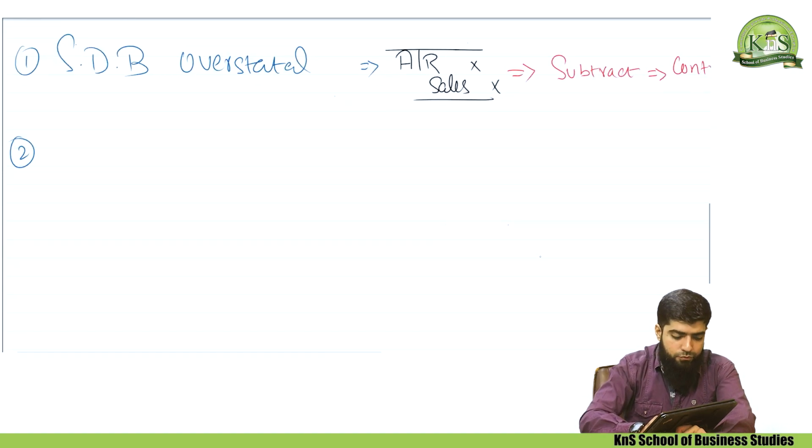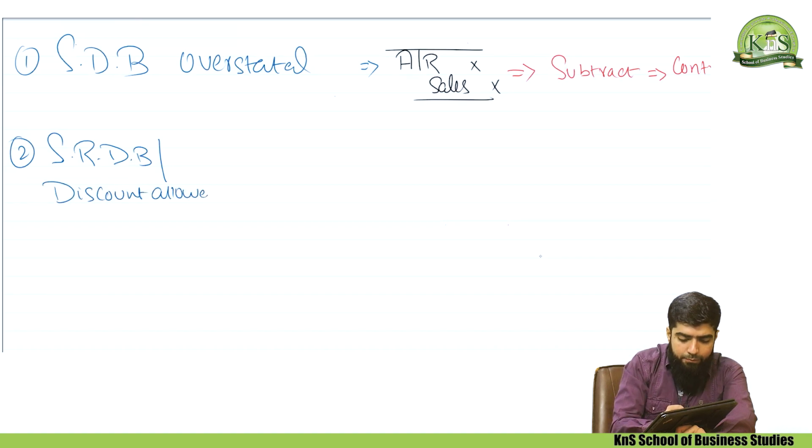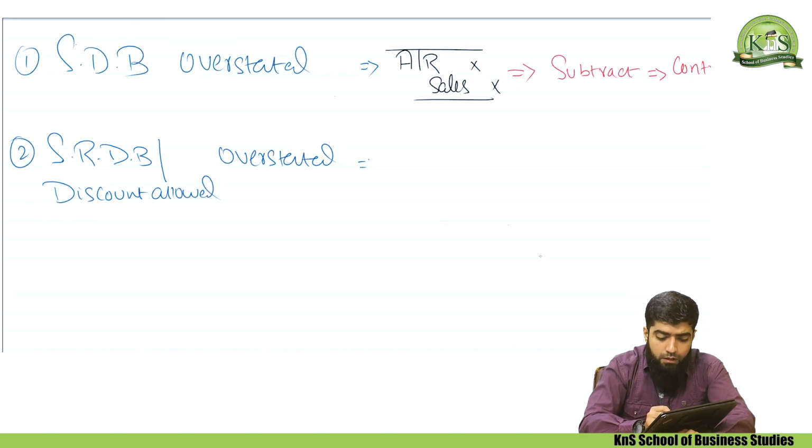A little bit more confusing. For example, the sales return day book or discount allowed will have the same treatment. Suppose the sales return day book or discount allowed is overstated or overcast by $5,000 or any amount. Let me tell you the accounting entry for this.